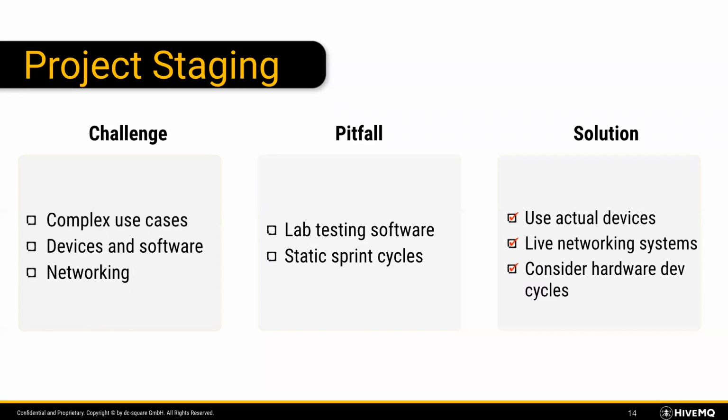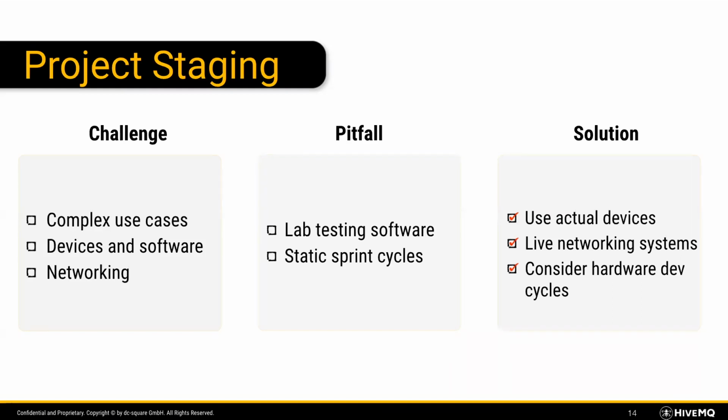In addition to the complexity of end-to-end testing and multiple components, there is also another difficulty layer brought upon by project staging. When we talk about complex IoT use cases, like the connected car use case we're trying to focus on, these are very complex use cases.